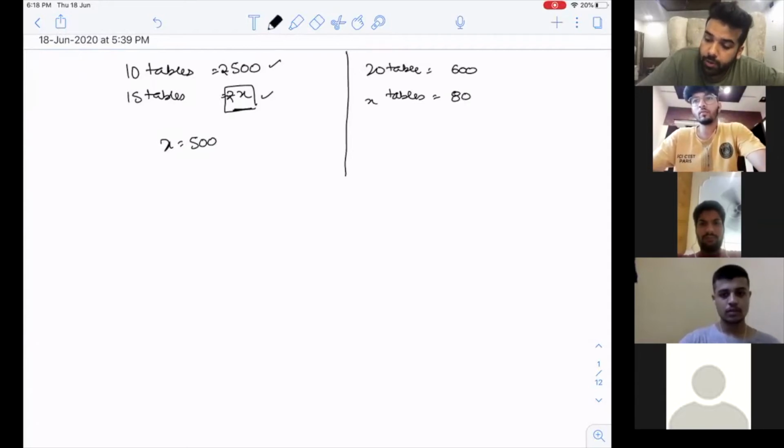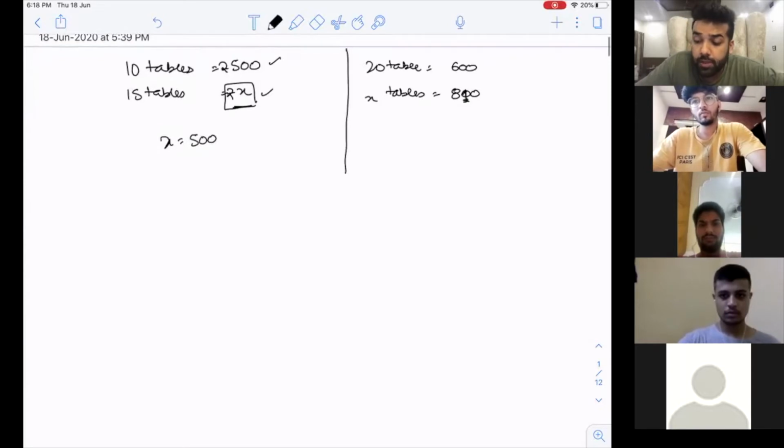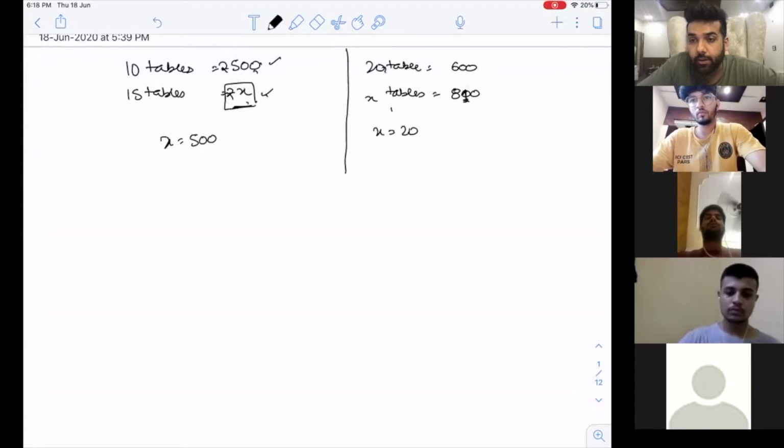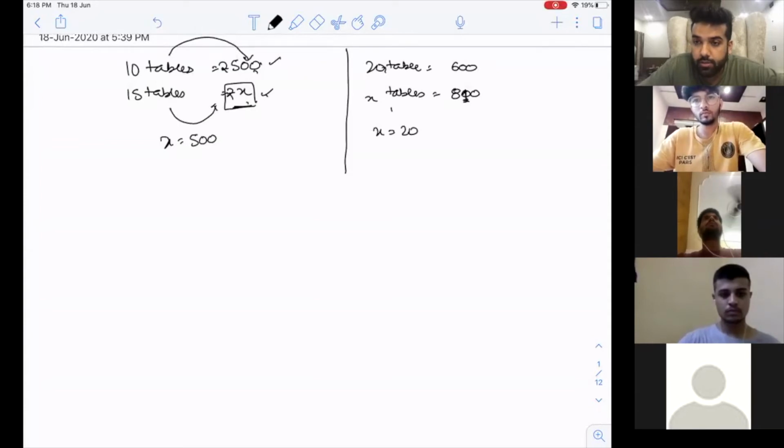In 800 rupees, or 810 rupees, how many tables would I get? What is not given here? Tables. So X is equal to 20. Clear or not? X would always be the thing which is not given, and it will be equal to the thing which is given. If X is in rupees, we'll take rupees. If X is in tables, we'll take tables. Clear till here? Clear, everybody? 10 tables cost 500. So 15 tables will cost more or less.